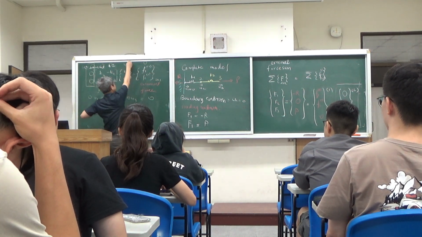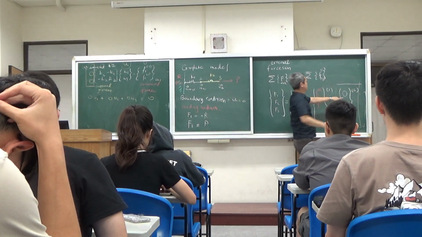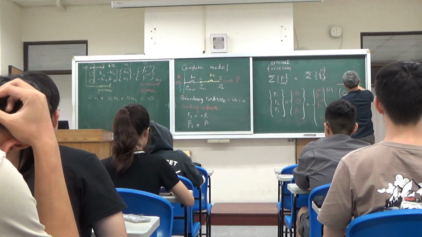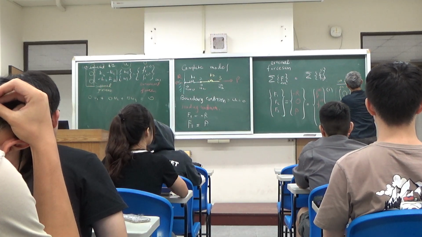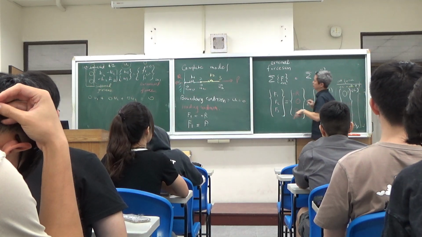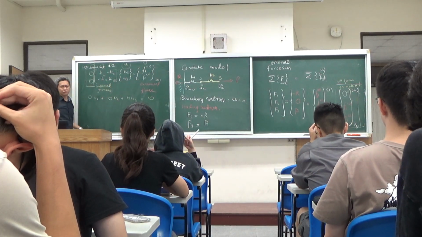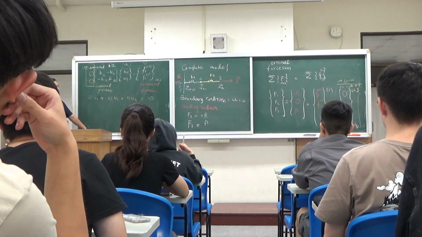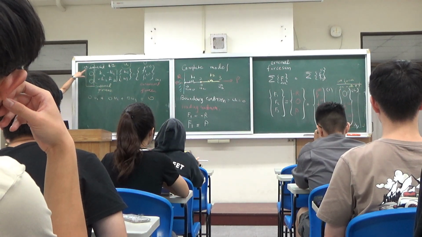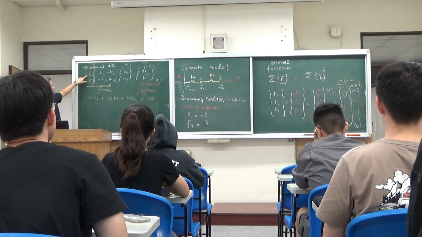I'm introducing u1. This is the internal force acting on node 1. There is no loading, so all these terms are 0. So this is the internal force vector. You see that?